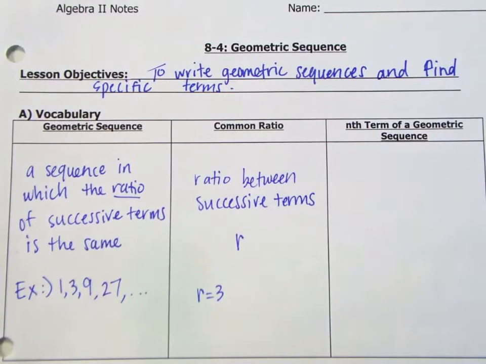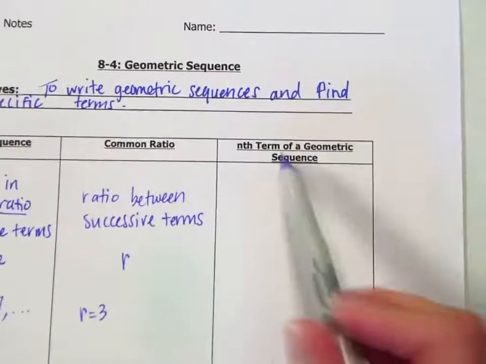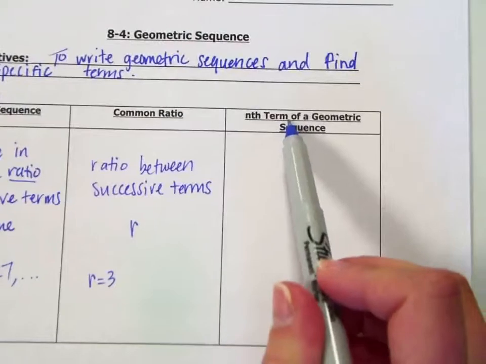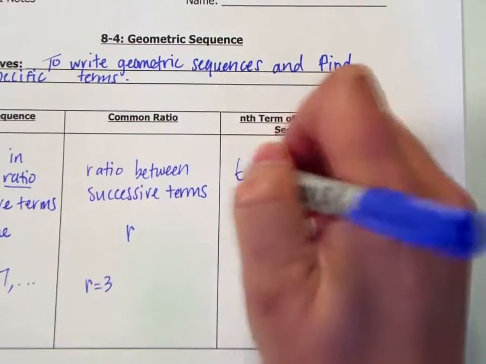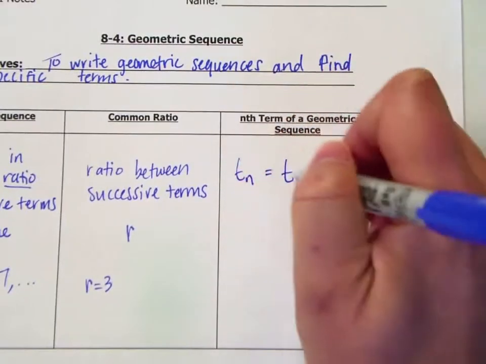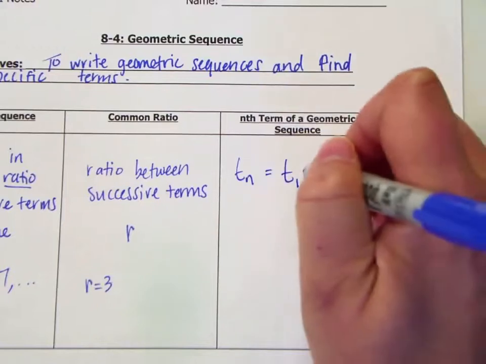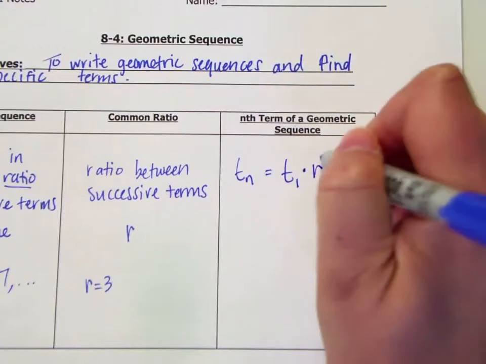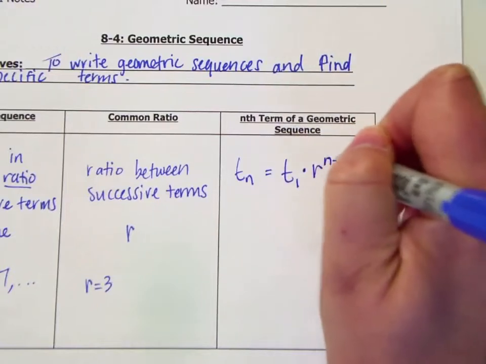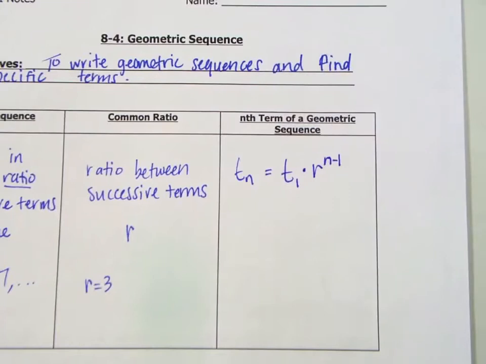We have an explicit formula, just like we do for arithmetic sequences, for geometric sequences that will help us find a specific term. This is t sub n equals t sub 1 times r to the n minus 1.